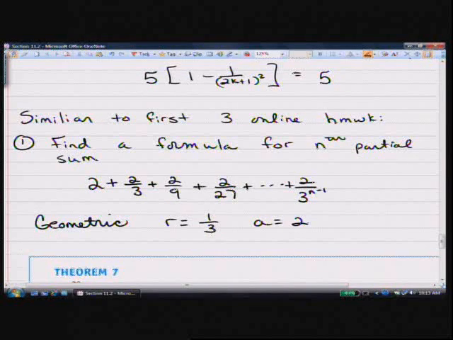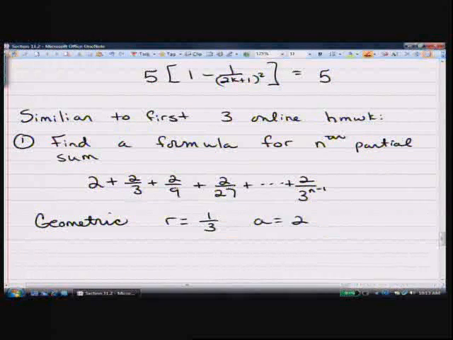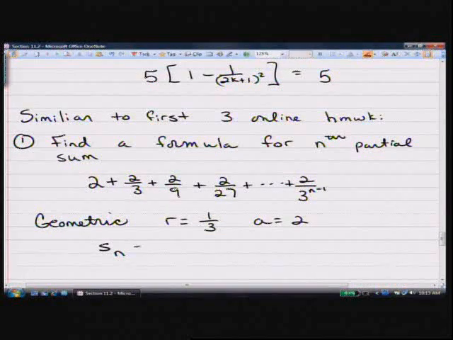So if we want to describe the formula for the nth partial sum, then S sub n is equal to, let's see, actually, what do they want? Find a formula for the nth partial sum of each series and use it to find this.